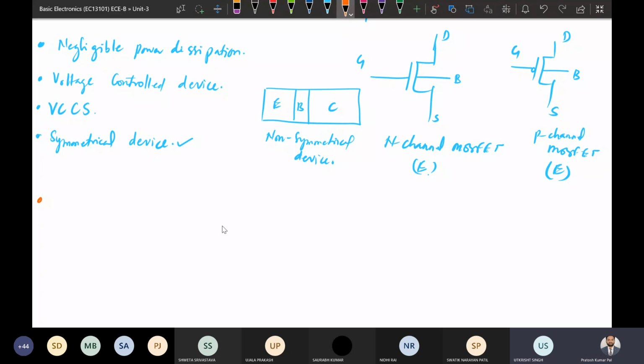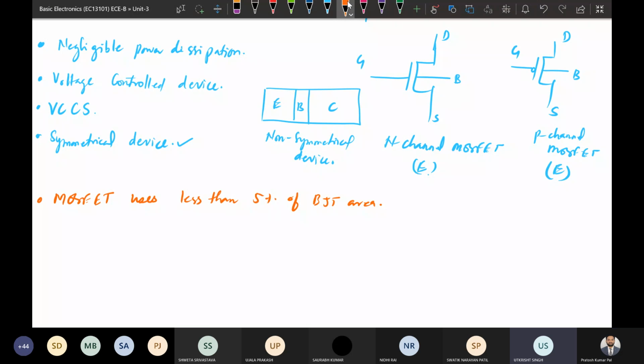Here MOSFET uses less than 5% of the area of a BJT. If the BJT area is, suppose, 100, then the MOSFET area will be 5 or less than 5 also.